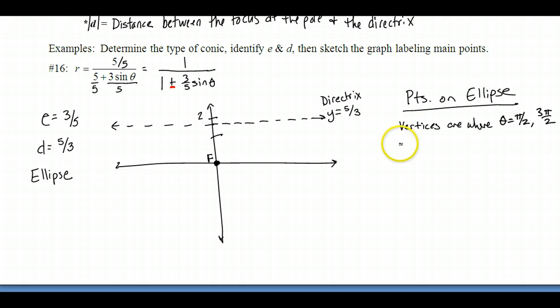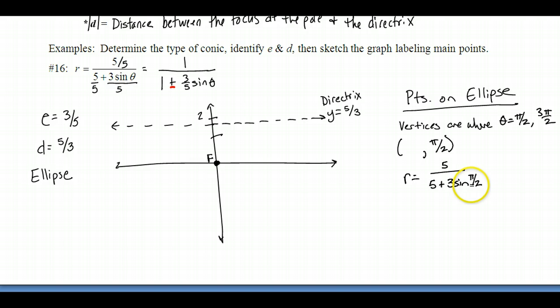So if we have pi/2, remember theta would be our second coordinate there. If I plug that into the original equation, or I could plug it into this equation, it really doesn't matter. Then I'd have r is equal to 5 divided by 5 plus 3 sine of pi/2.